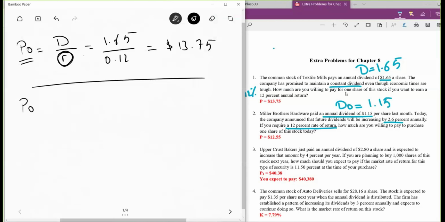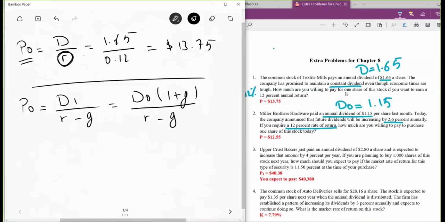So this is a direct application of the constant growth model. So here P0 equals D1 divided by R minus the growth rate, or D0 into 1 plus the growth rate. And this is the form that I'm going to use because I have D0 and not D1.